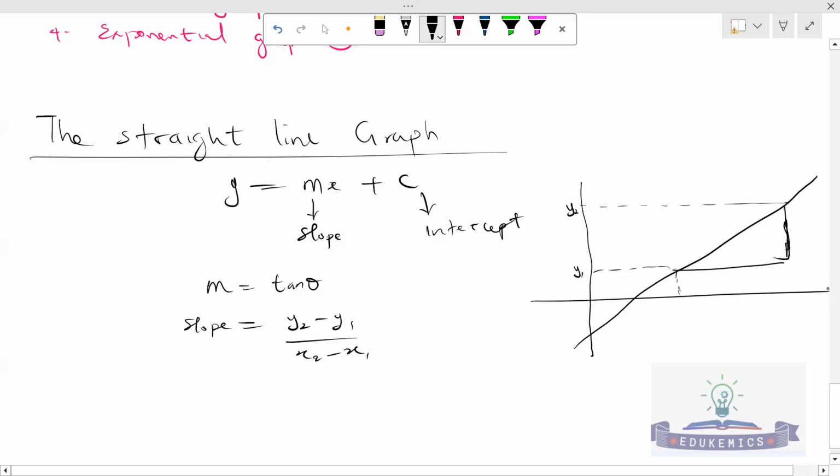Trace this down, this is your x2, and this is your x1. The angle here is theta, and that slope is tan theta. Remember, tan theta is opposite, which is the change in y, over adjacent, which is the change in x.